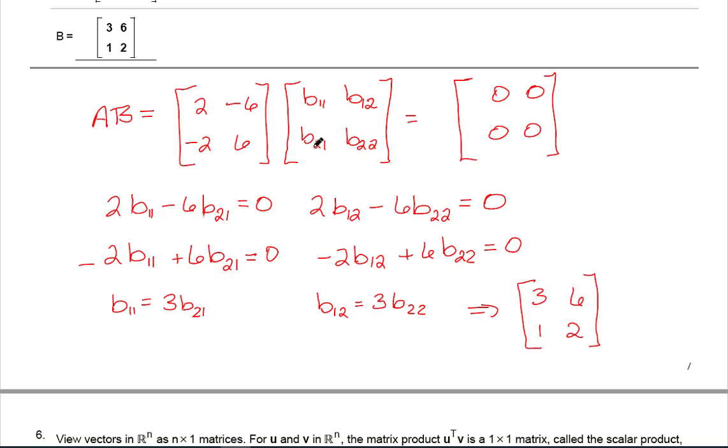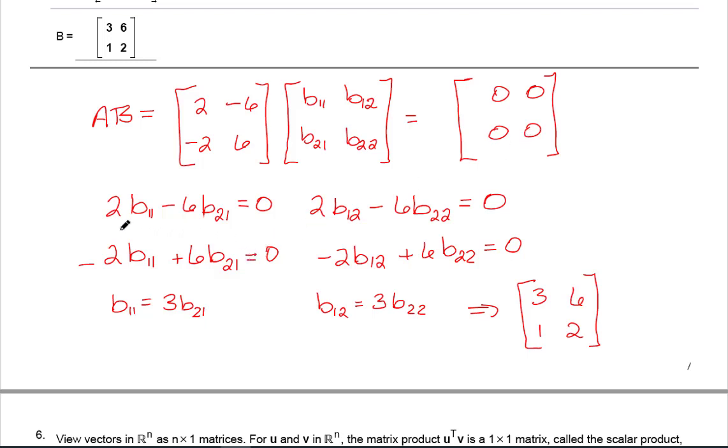So I don't want the first column the same as the second column. So just a question of tracing this. So 2 times B11 minus 6 times B21 must be 0. And so you do this for all of the elements in our answer.